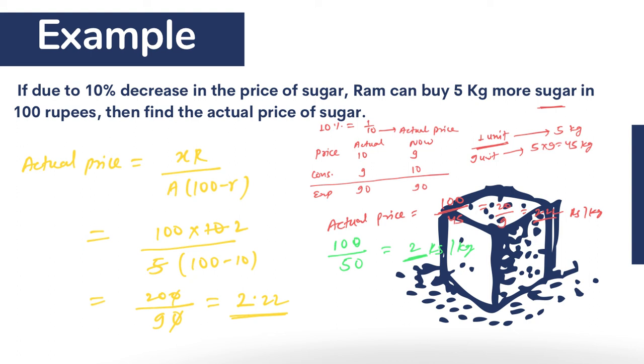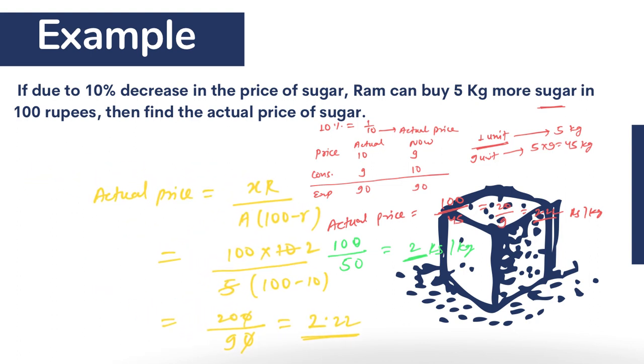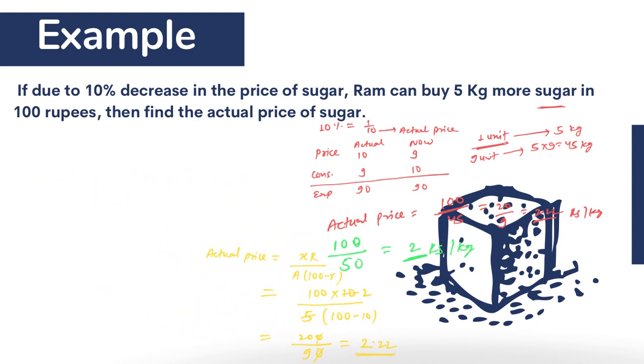If I had asked you what the decreased price was, how would you calculate that? So the formula for that is: decreased price is equal to XR divided by A into 100.